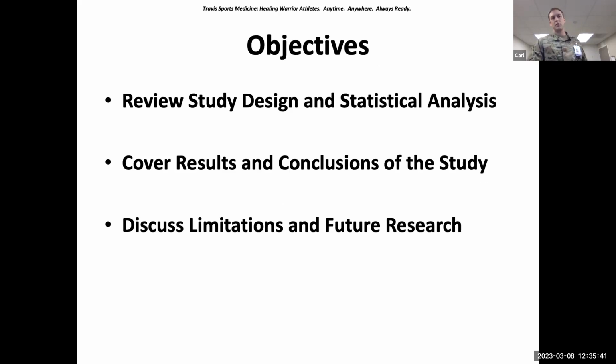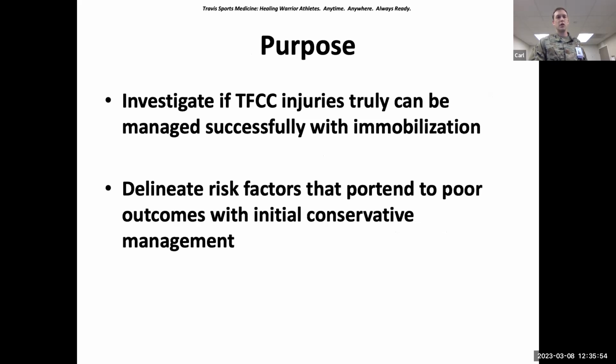So objectives: going to go over the study design, the statistical analysis of the paper, cover the results and the conclusions, the discussion of the story, and then go over the limitations and ideas for future research here. So purpose, the primary aim of the study for the authors themselves was mostly to investigate the use of short versus long arm casting for conservative care for these traumatic TFCC injuries.